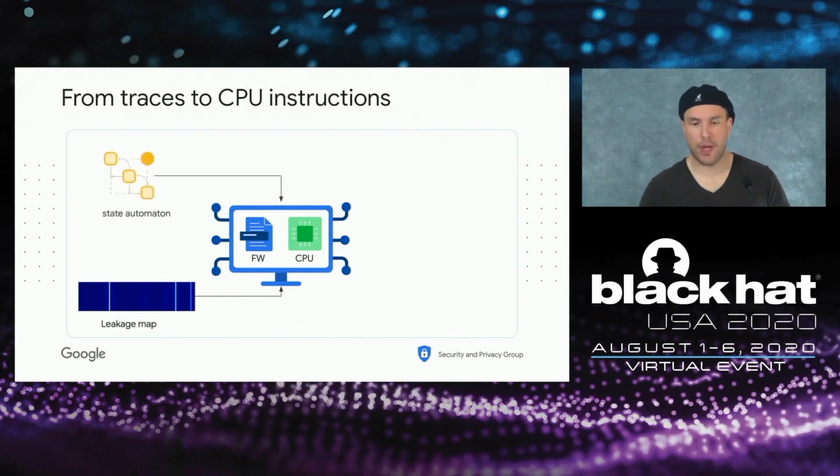And we also need to have a state automaton which instruments the emulator to be able to reproduce the encryption. And so we can basically reconstruct what instructions were executed at which time, and then map it back to the trace, which will tell you what point in time is important.